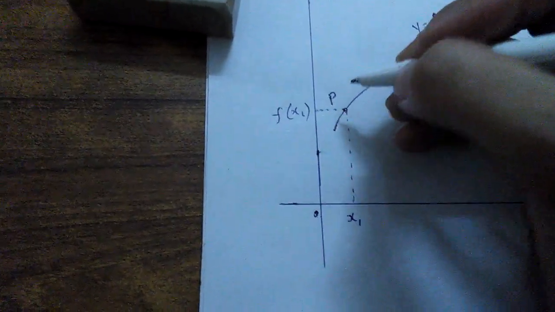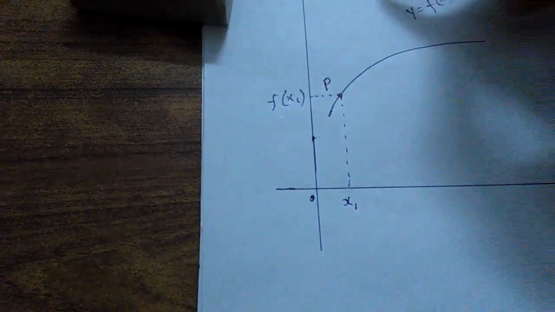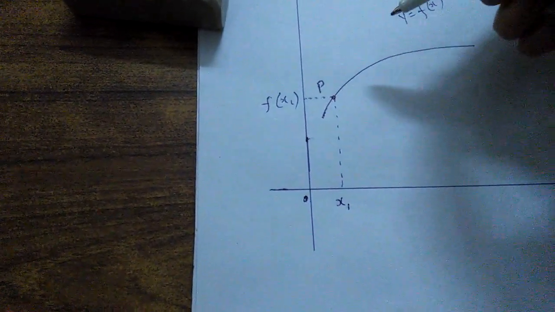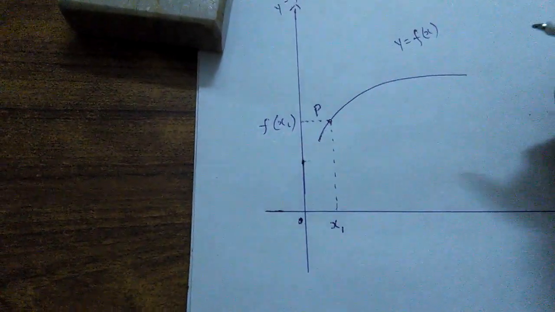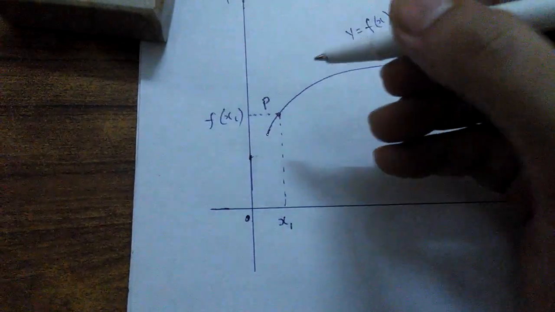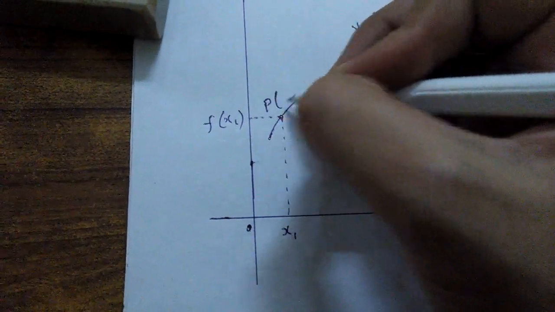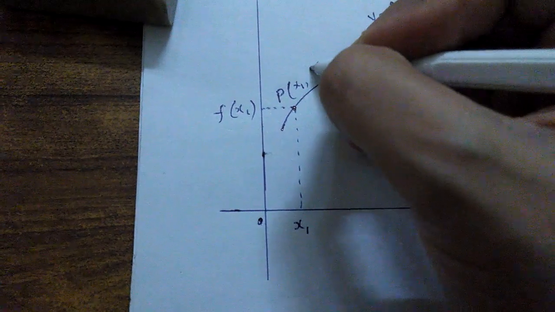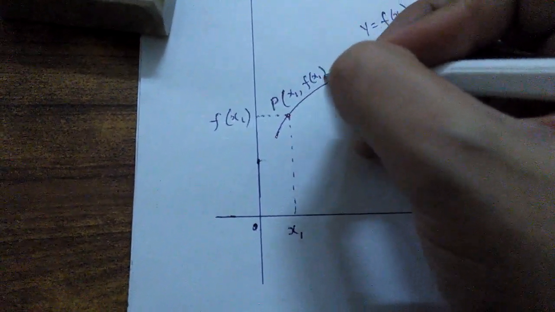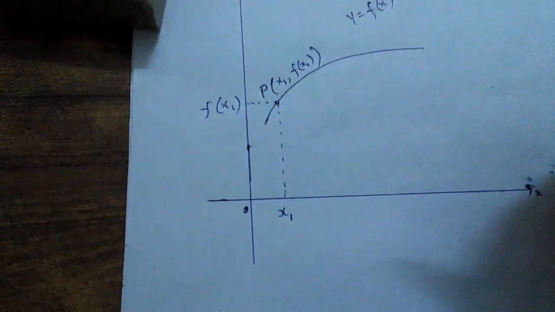You know that this is a two-dimensional setup, a plane, so every point lying on a plane is expressed as an ordered pair of two values. This is the x coordinate and this is the y coordinate of this point P.